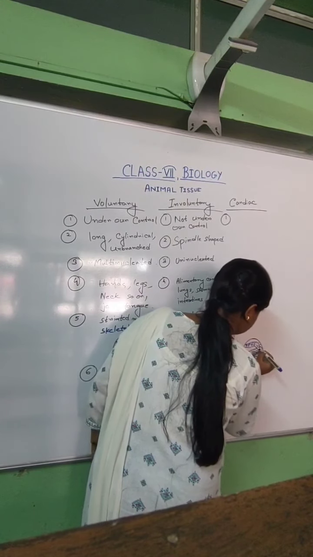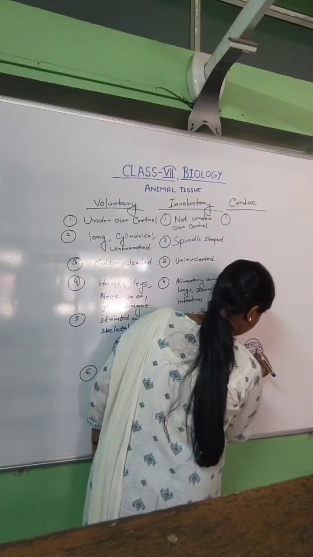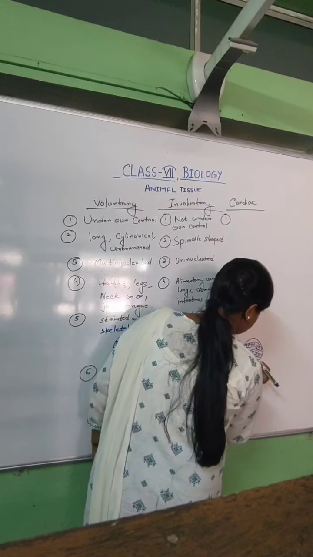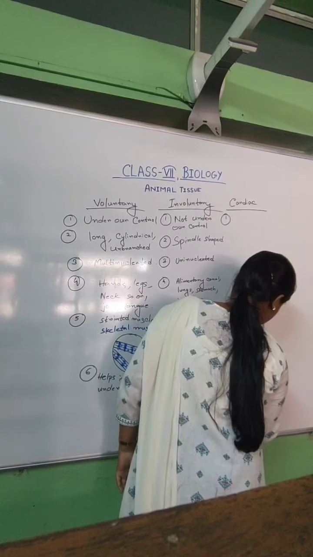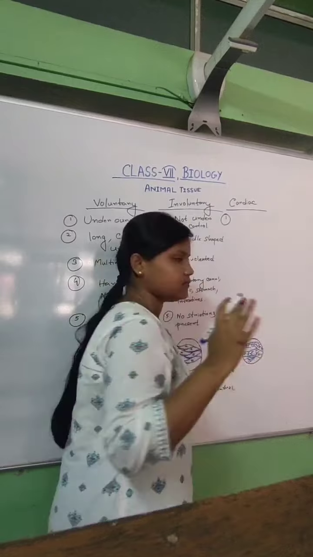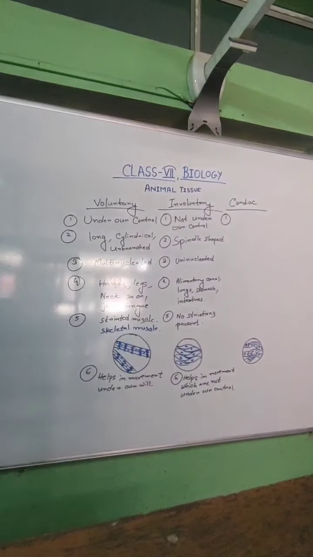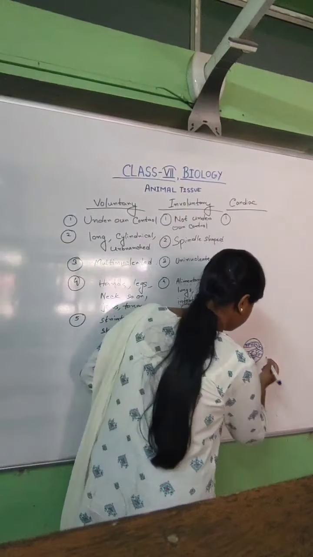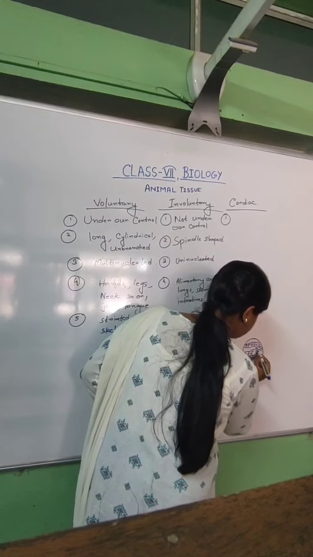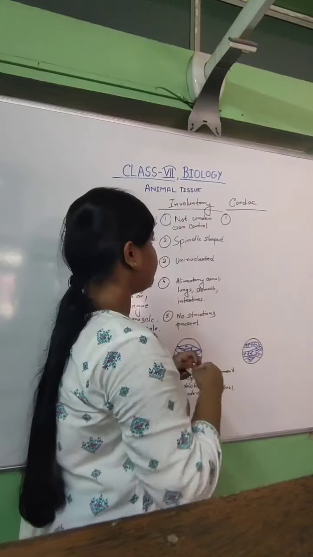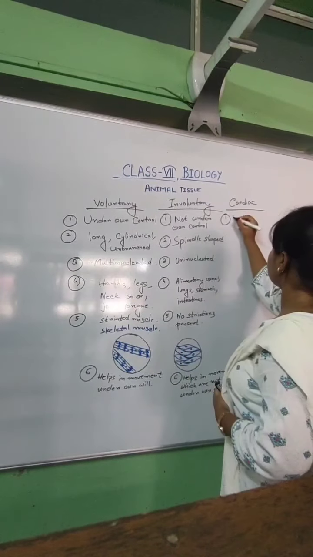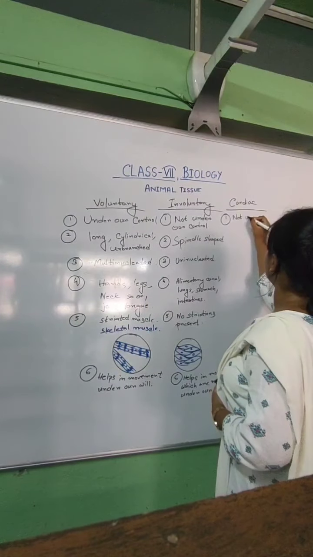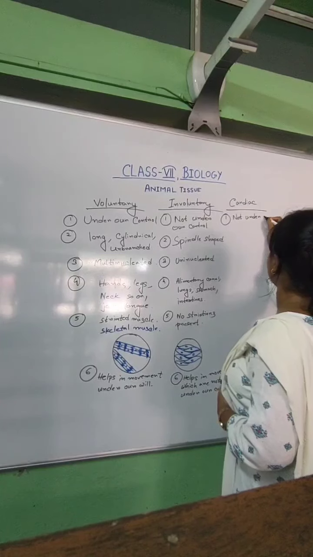There is this type of bands present. These are not actin myosin bands. And a nucleus. Something like that, just check from the book. There should be another nucleus. As I was saying, it is also not under our control.